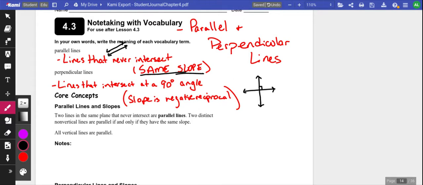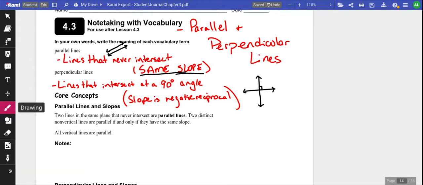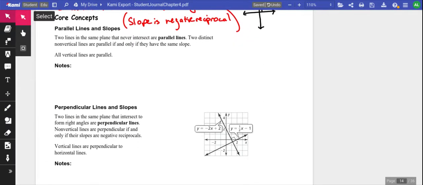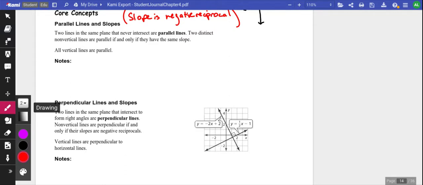All right, but let's talk about how we can use this information about parallel lines and answer some different questions there. All right, so right here where it talks about parallel lines and slopes. Okay, so two lines in the same plane that never intersect are parallel lines. Okay, let's pretend those are straight lines.